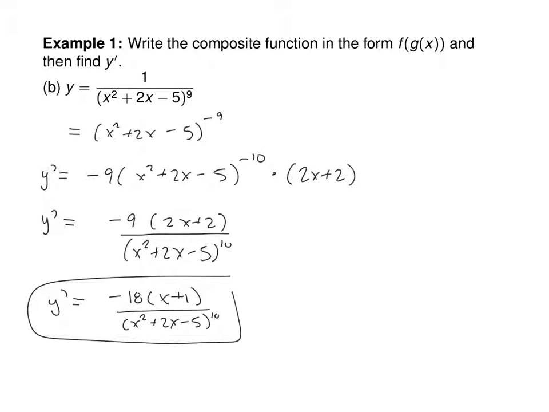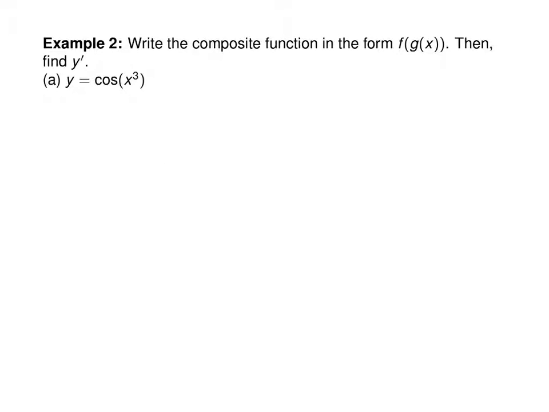In example 2, notice that A and B are awfully similar. In A, you take x, cube it, then apply cosine, right? In B, you find cosine, and then you cube the result that you get. So in this one, who's the outside function? The cosine.